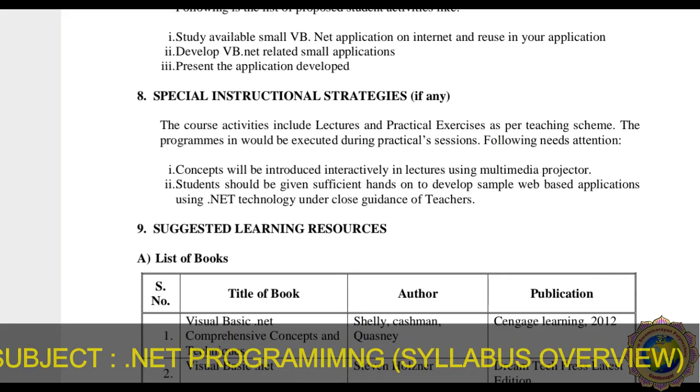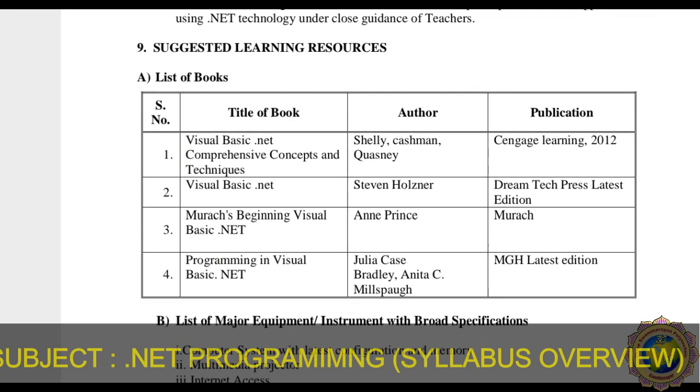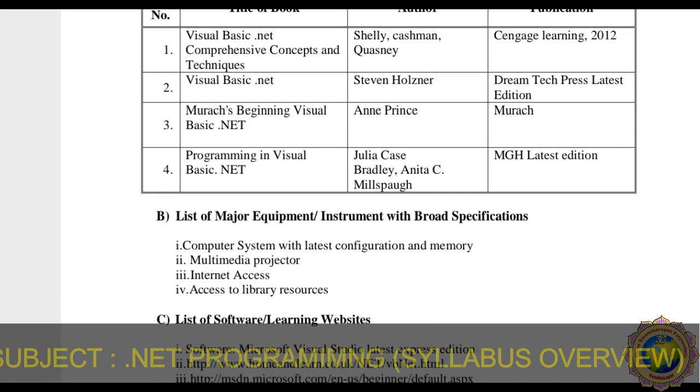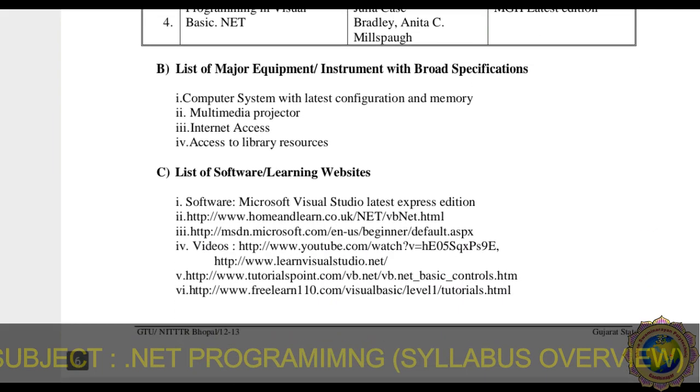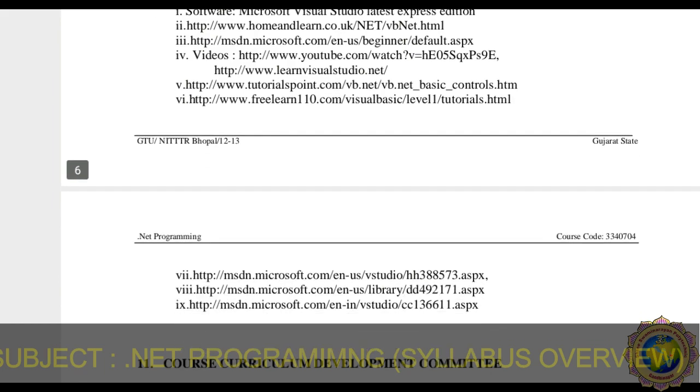This is the list of books, the reference book with its author name. You can also use a .NET programming book as a reference, and this one is the major equipment and instruments with broad specification, software and learning websites.